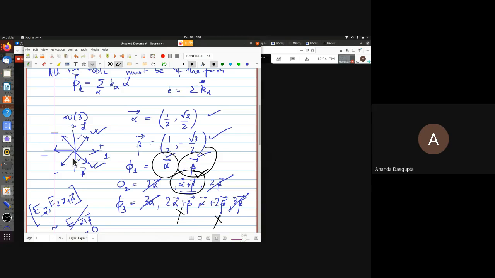And a 2-dimensional root space means what? It means the root vectors, which essentially label the eigenvalues of the Cartan generators, have 2 eigenvalues for each. Right? It's a 2-dimensional scenario. That means there are 2 Cartan generators. Of course, the way we came to this was the other way around.